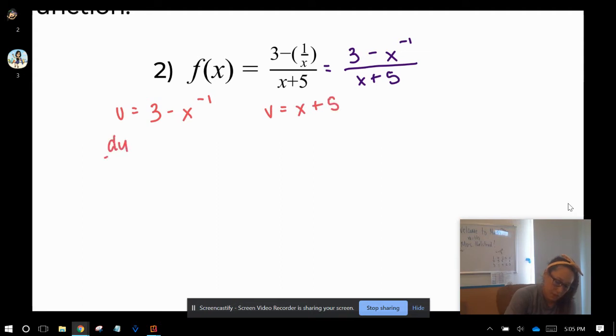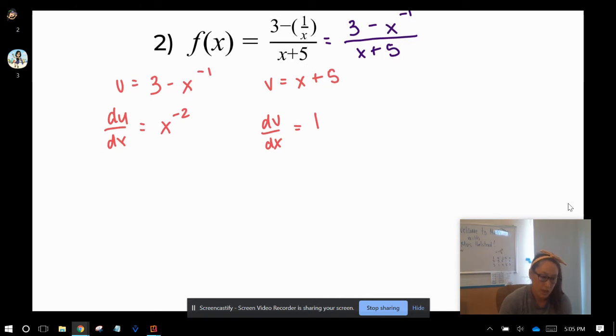So the derivative of the higher function u, the derivative of 3 is a constant, so I get positive 1x to the negative 2. The derivative of v with respect to x is 1.